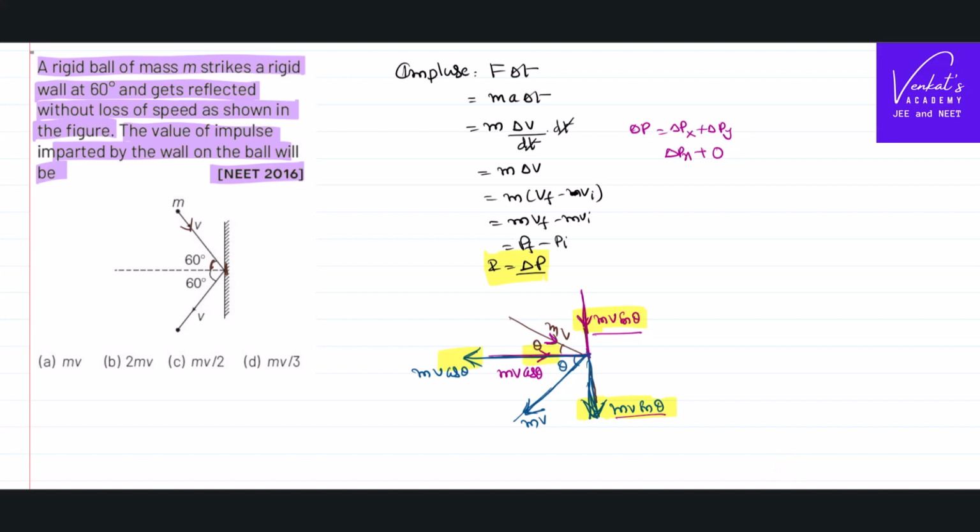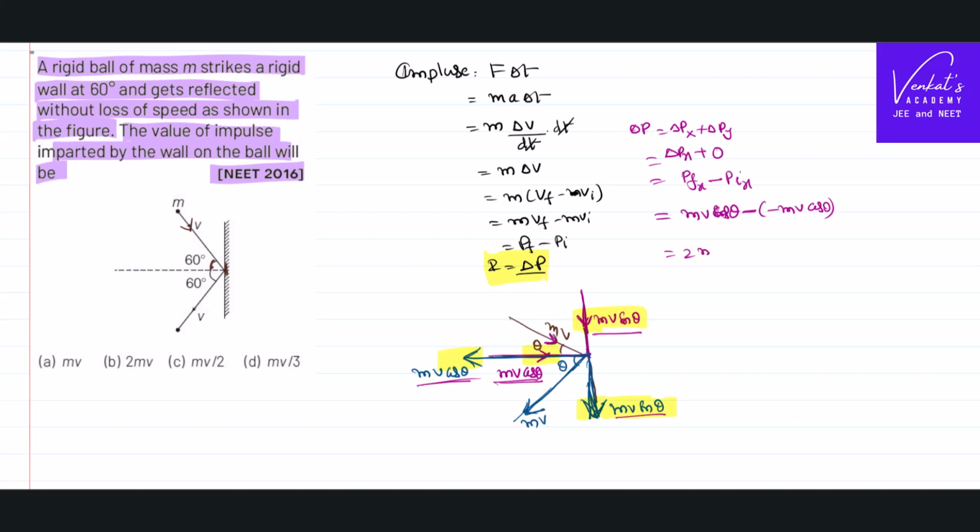So the change in momentum along the x-axis is the final momentum along the x-axis minus the initial momentum along the x-axis. Final momentum is mv cos theta, minus, because you want to calculate the change, and again I have to put another minus because these two are in opposite directions, mv cos theta and mv cos theta.